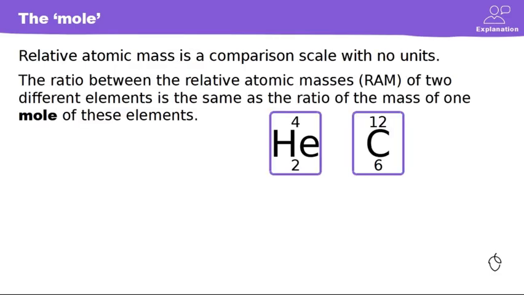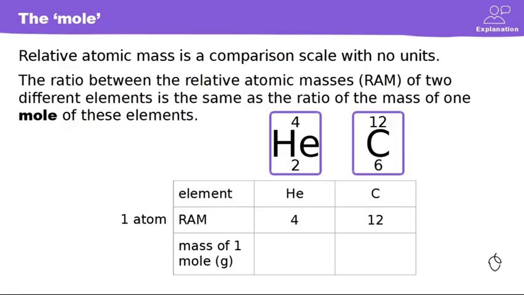Okay, so the relative atomic mass is a comparison scale with no units. And the ratio between the relative atomic masses of 2 different elements is the same as the ratio of the masses of 1 mole of these elements. Here you can see that helium has a relative atomic mass of 4 and carbon has a relative atomic mass of 12.